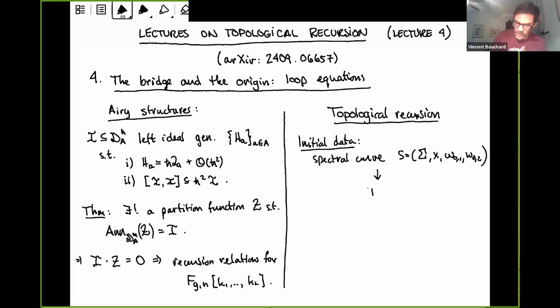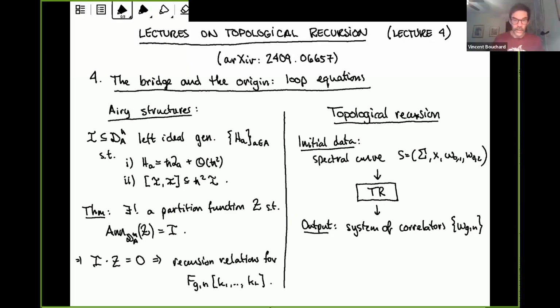Now, we studied a magical formula called topological recursion, which involves residue analysis at the ramification points of the branch covering x. The output of this beautiful recursive formula is what I call a system of correlators. This is a collection of objects omega_{g,n} that are symmetric differentials living on the spectral curve.